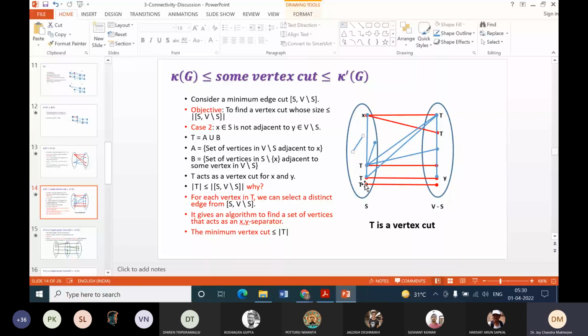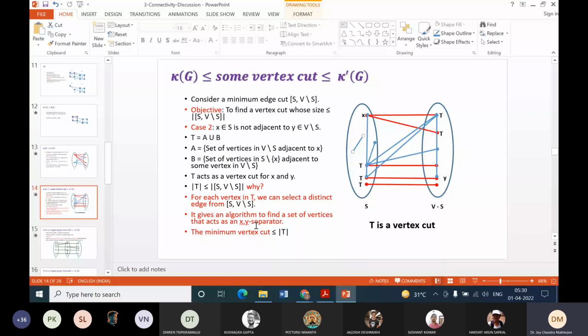So the size of T is always less than or equal to the size of S, V minus S, because all these edges create this minimum edge cut. Now for each vertex in T, we can select a distinct edge from S comma V minus S. So it gives basically an algorithm to find a set of vertices that acts as an X-Y separator.